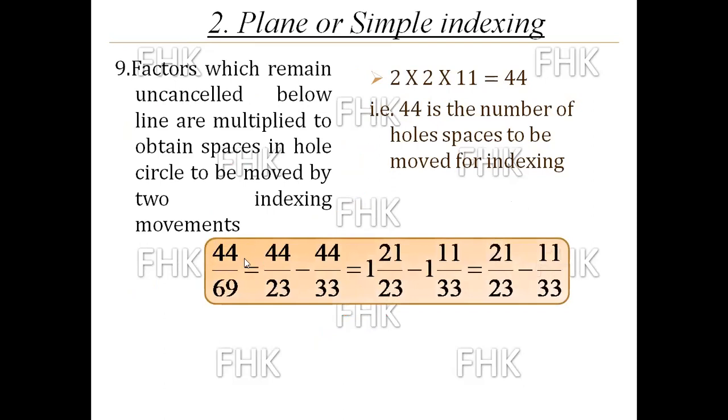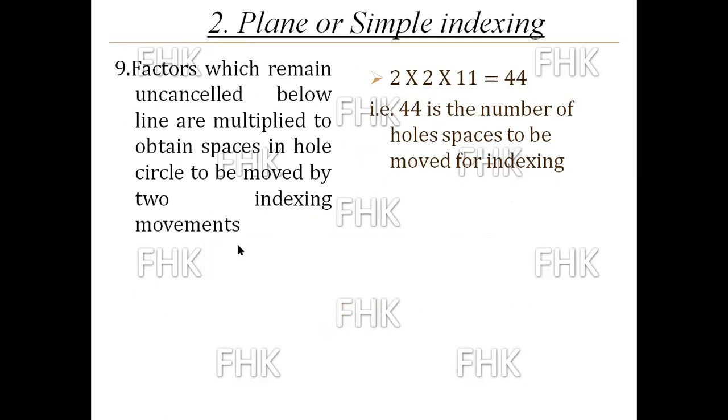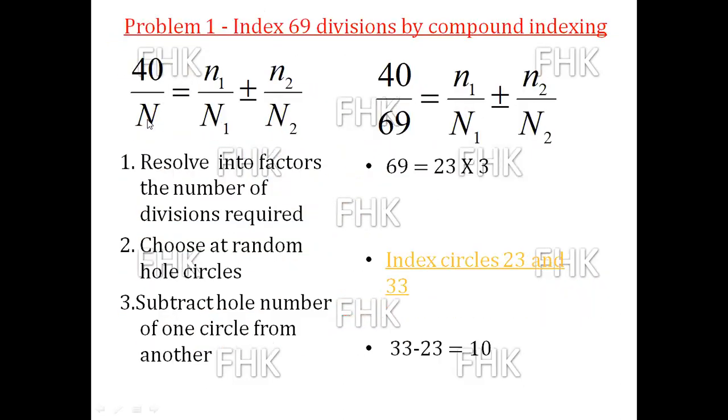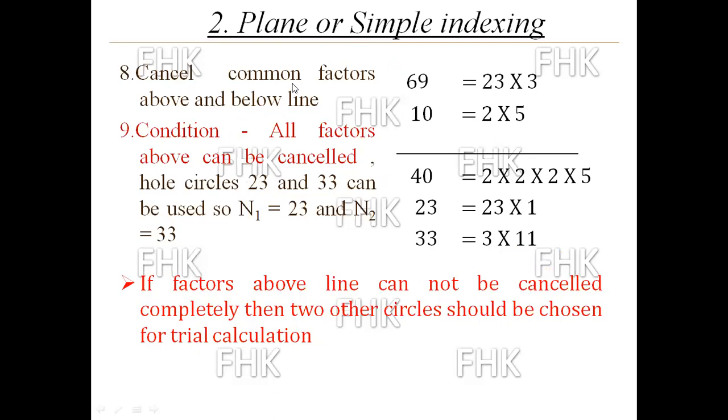In the initial stage, we have written 40 divided by n, this is our standard formula: 40 divided by n is equal to small n1 by capital N1 plus or minus small n2 divided by capital N2.